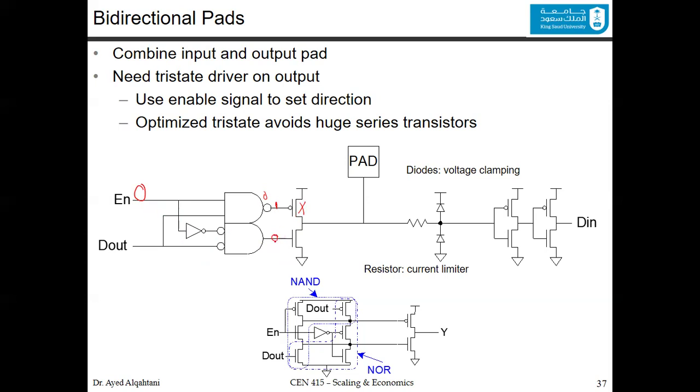Since this is 0 as well, it will be off. So there is no bias coming from the output, meaning that it's going to be an input. Now, if the enable is 1, it depends on the value of D out. Whatever D out is, it will show up here. And in turn, either the pull-up will work or the pull-down will work based on the value of D out, and it will show up in the pad as a NOT. That's the way we're doing this.